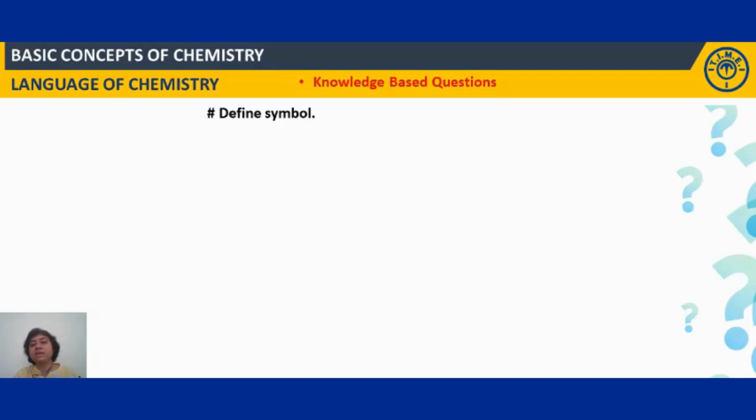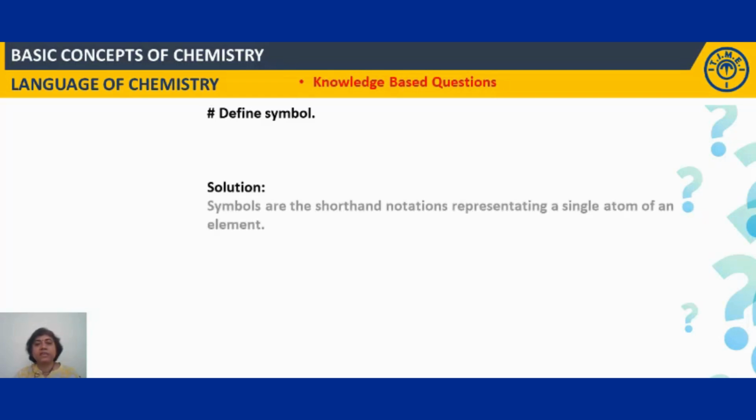First let us understand what a symbol is. A symbol represents one single atom of an element. It is a shorthand notation. Symbol is a shorthand notation to represent one single atom of an element. So now let's see the definition: symbols are the shorthand notations representing a single atom of an element.